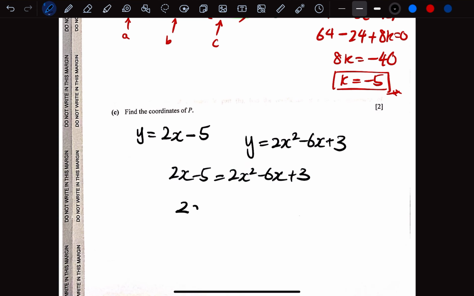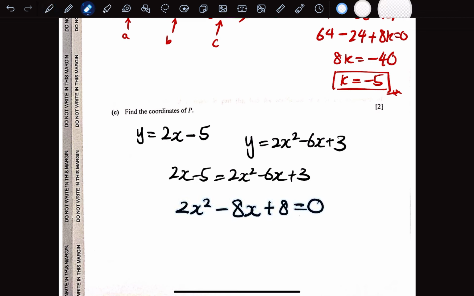2x squared minus 8x plus 8 equals 0. Oh sorry, I made a mistake over here. 2x minus 5 equals 2x squared minus 6x plus 3. And then 2x squared minus 8x plus 8 equals 0.